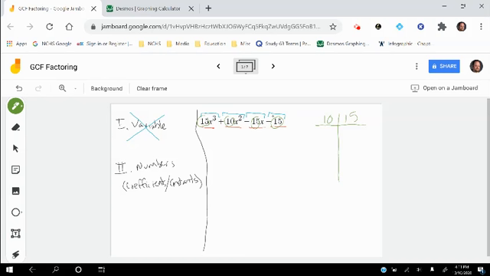Numbers that go into 10 are 1, 2, 5, and 10. 15 has 1, 3, 5, and 15. So when I look at these, what do they have in common? Well, other than 1, which remember I don't really care about, I have 5s. So that's your GCF right there.